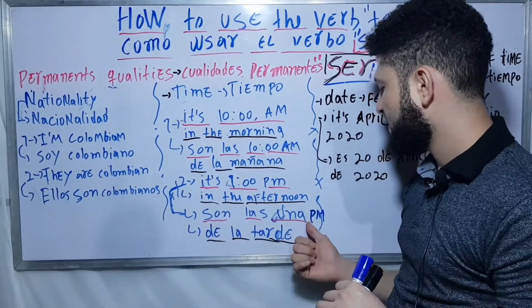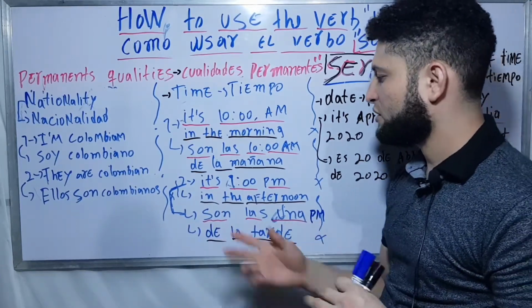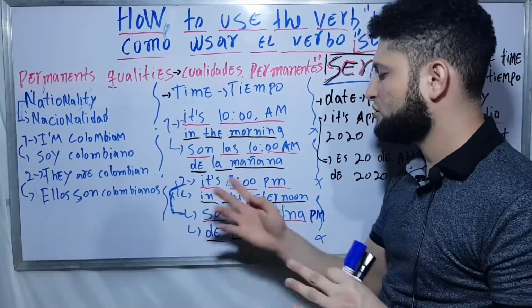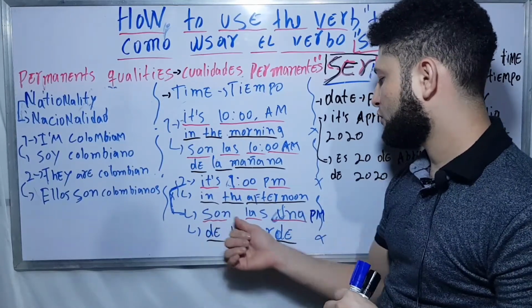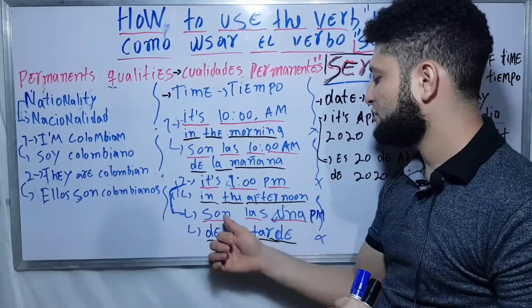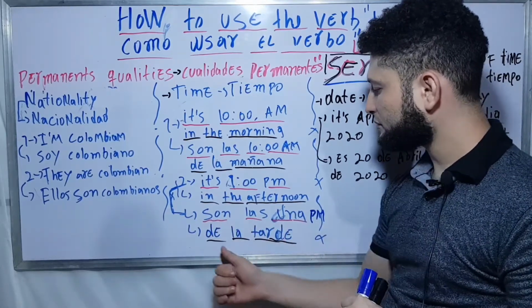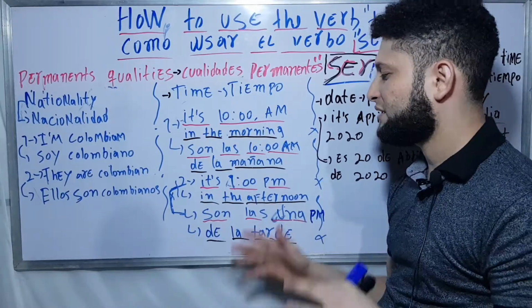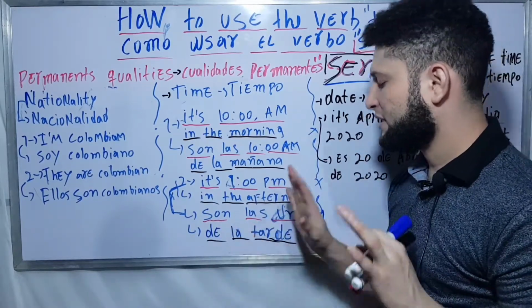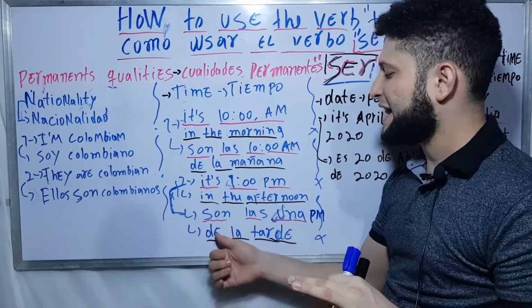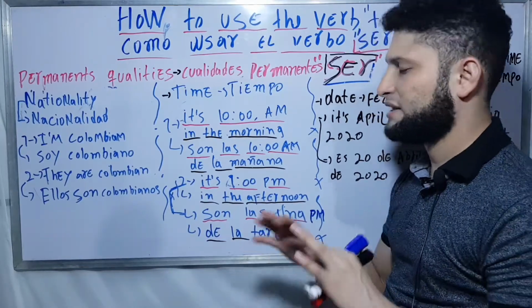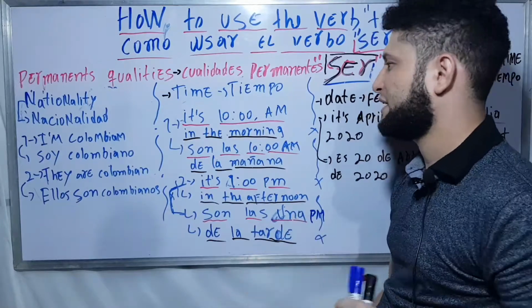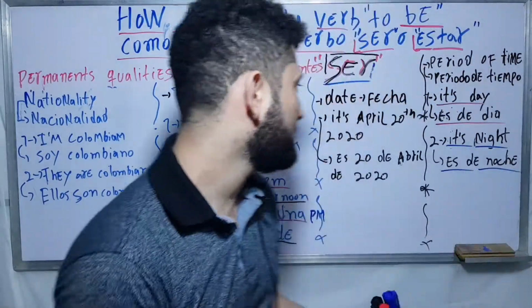So if you want to say it's 1 in the afternoon, you will say "son las 1 de la tarde." In the afternoon, "de la tarde." Once again, in this case the translation is "de la tarde." However, in other cases it's not like this. Okay, now our next one.